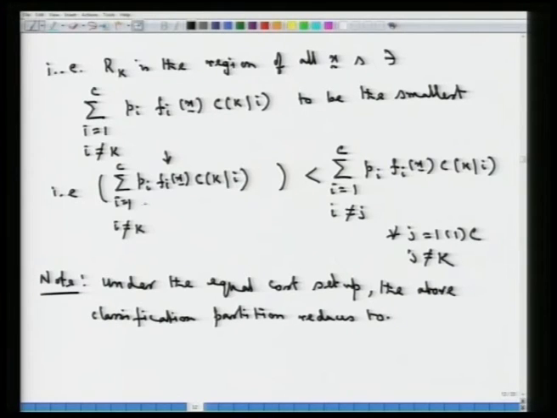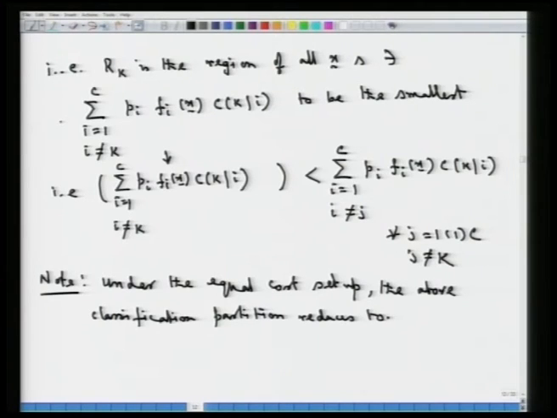If we look at this particular partition here, it is that we are going to have this to be smallest. Now, if all the costs of misclassification are the same, that is under the equal cost setup, these costs of misclassification are not going to play any role.